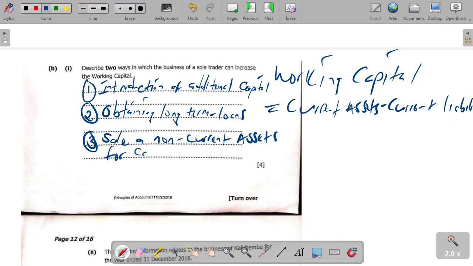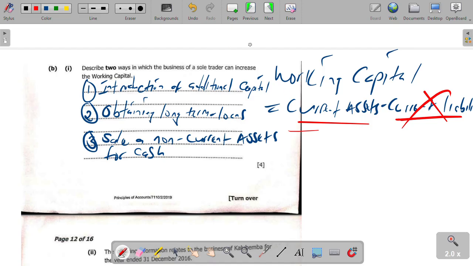This is for cash, not on credit. So sell a non-current asset for cash. This means you have to sell something that you have not been using. This is going to help you increase your current assets and reduce your current liabilities.